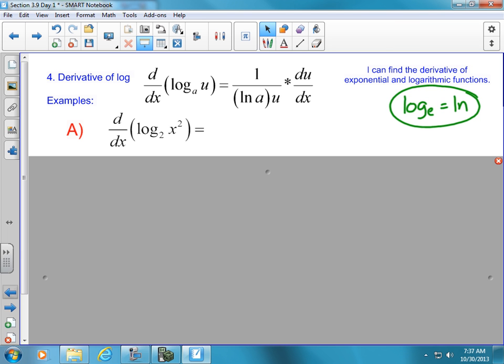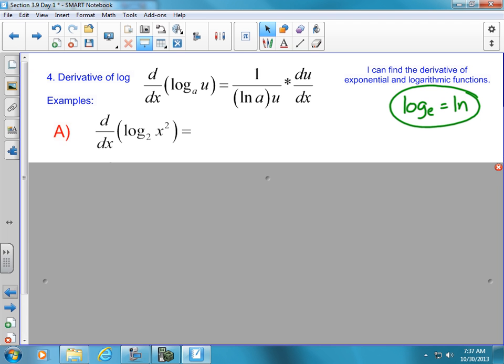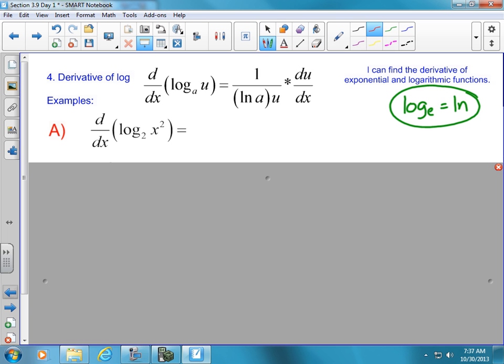Anyway, for log base a of u, we're going to need to identify a, identify u, identify the derivative of u, and plug it into the equation. That's the way to keep it simple. Remember the KISS rule: keep it simple, silly.